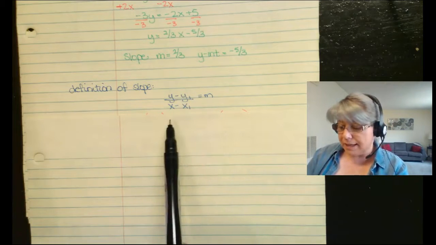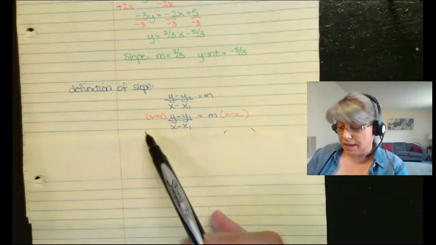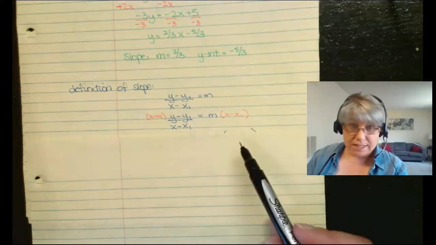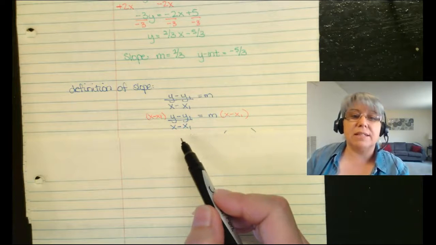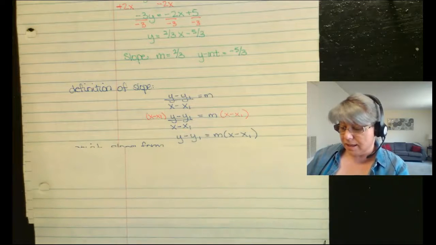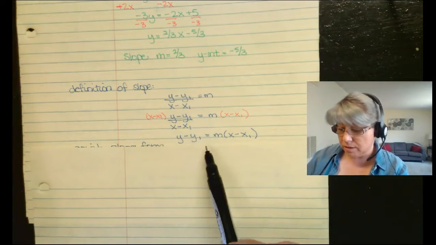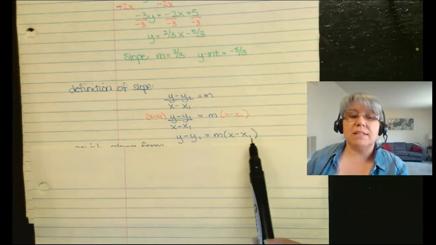So I'm going to multiply each side by x minus x1. That will cancel out the x minus x1 on the left, bringing it to the right, giving me y minus y1 equals m times (x minus x1).